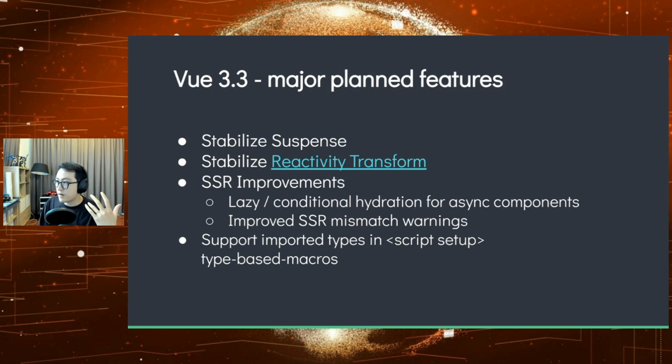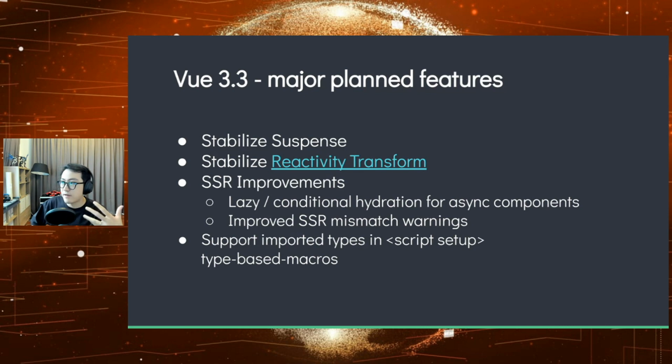A lot of the focus in 3.3 will be on SSR, server-side rendering. The main thing we want to explore is lazy or conditional hydration for async components, so that you don't synchronously hydrate the whole tree immediately when your page loads.